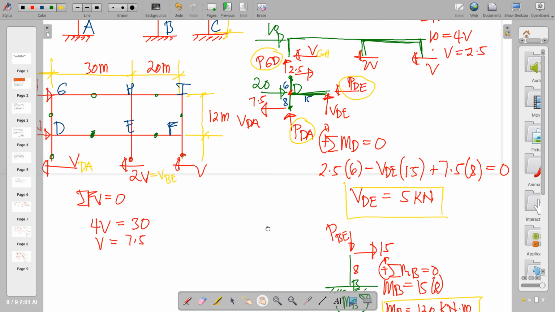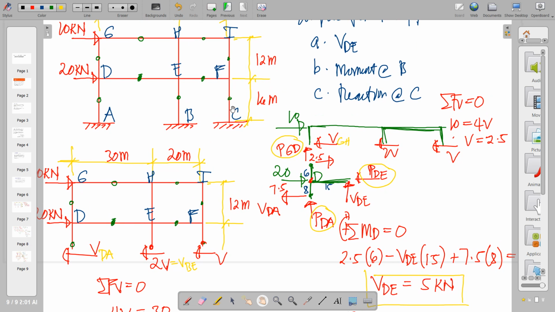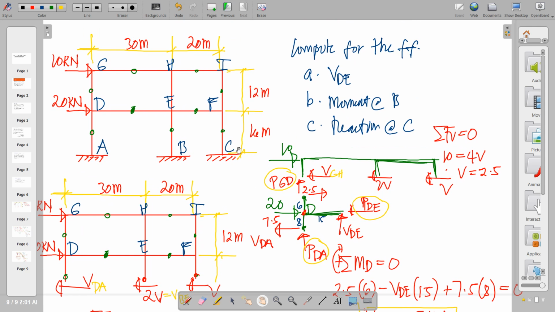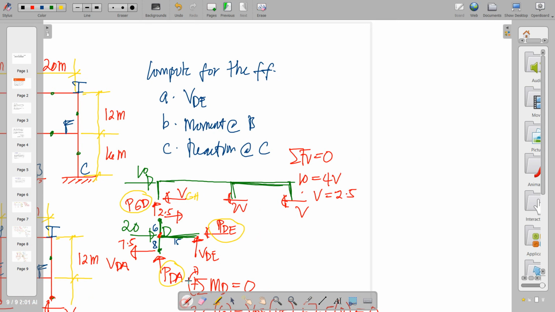So next, how about the reaction at C? So the reaction at C shall involve here the portal along IFC.